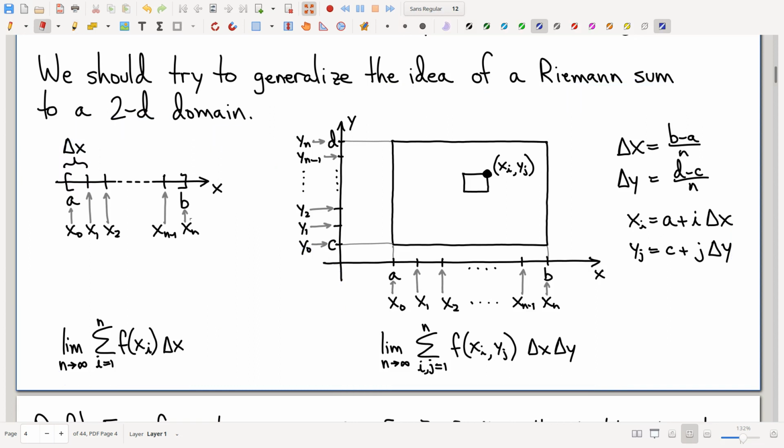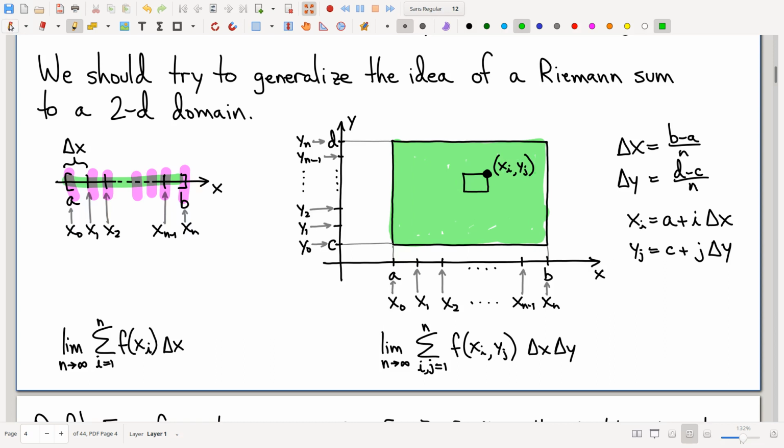I'm going to try to figure out not how to chop up a one-dimensional interval into pieces, right? I'm going to try to figure out how to chop a two-dimensional rectangle into little pieces.